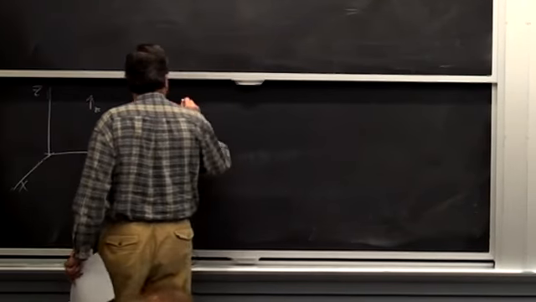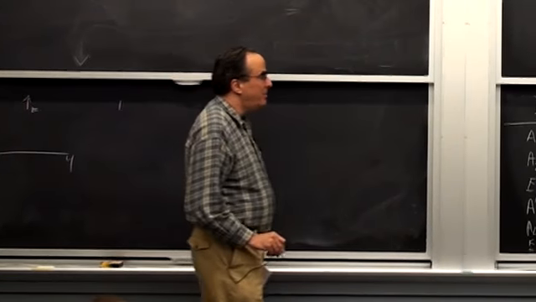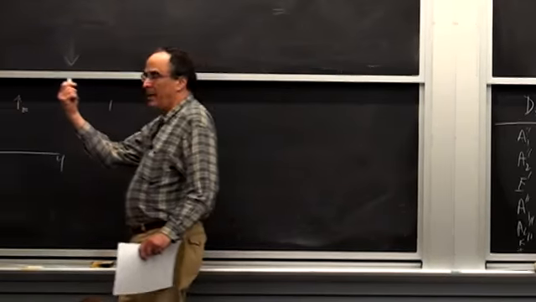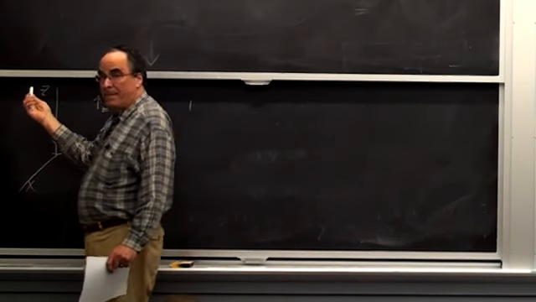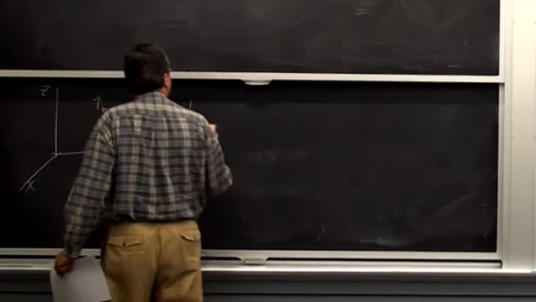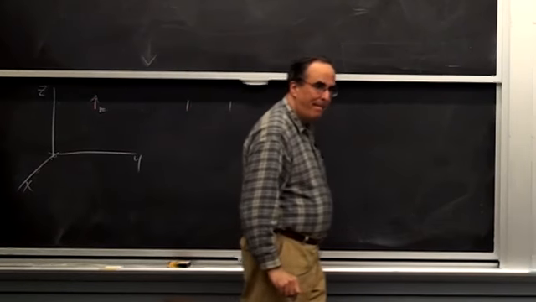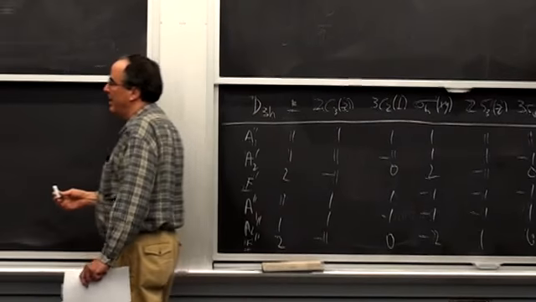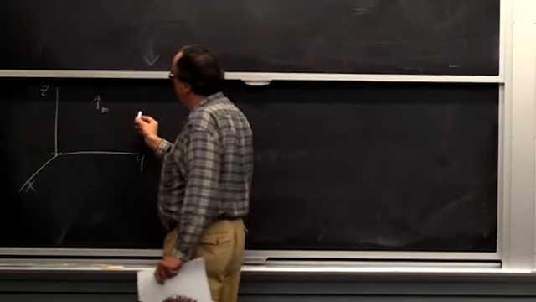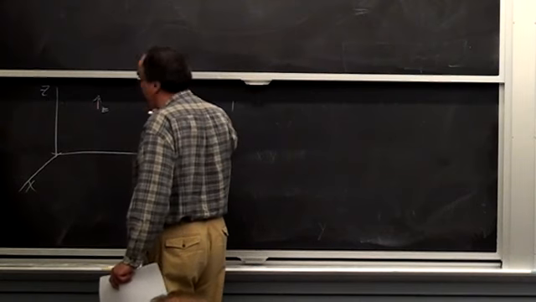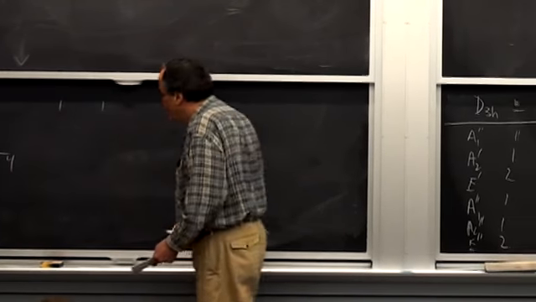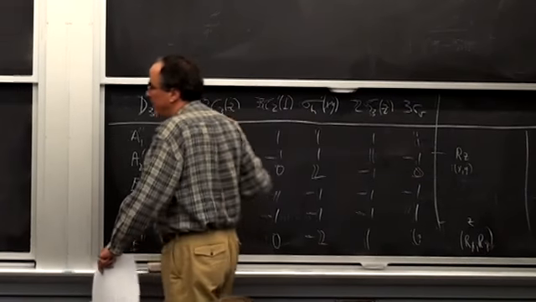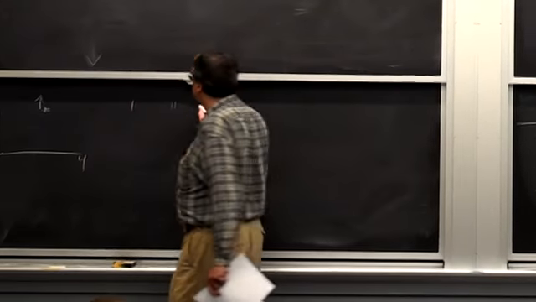And so the first thing is the identity operation leaves it alone. A rotation about the z-axis leaves it alone. It's still pointing, so the issue would be, is it pointing this way, that way, or this way? All right, so C2 perpendicular to the symmetry axis, well, that turns it over, so that's -1.